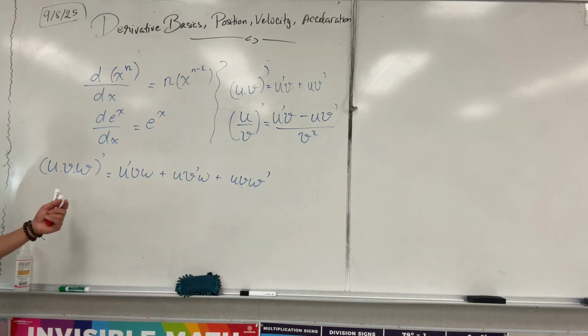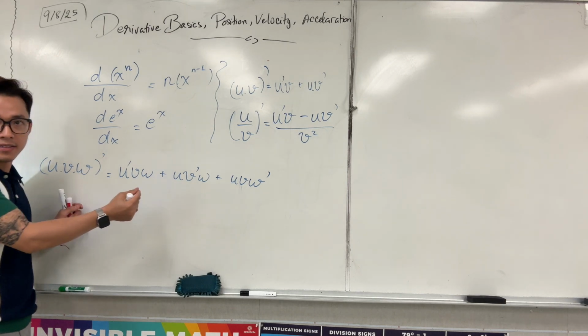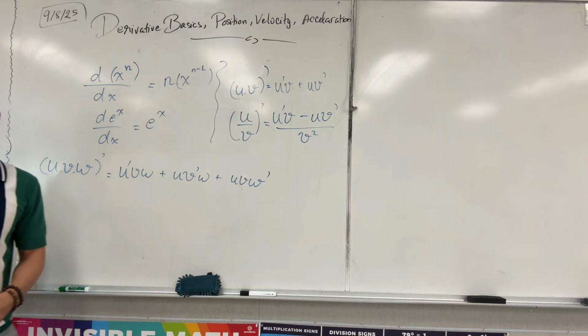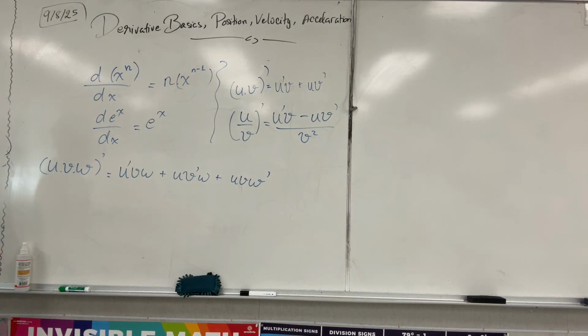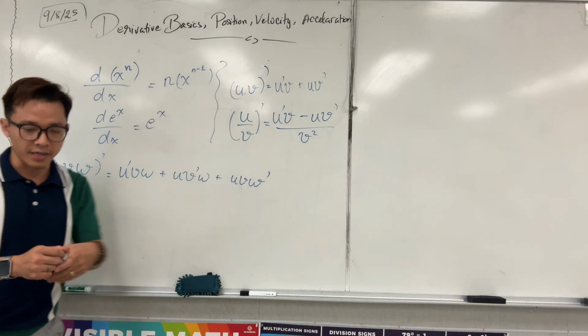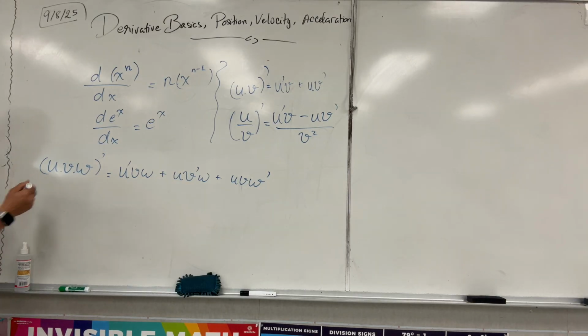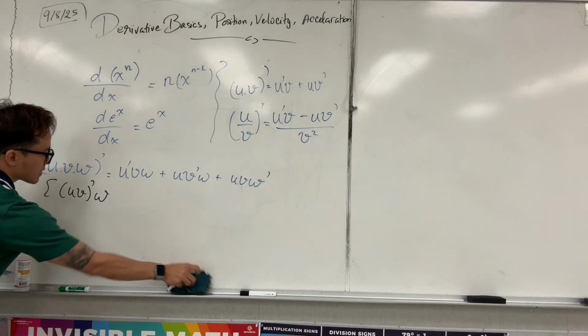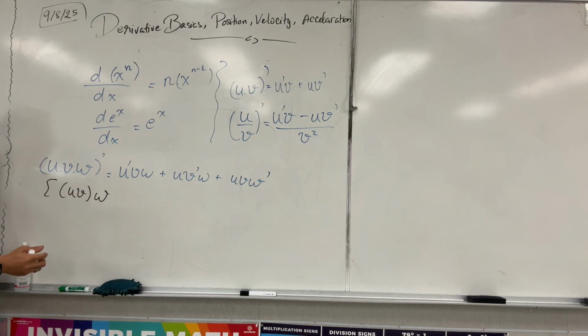I saw you move the prime to the front, but my way I just like to write the prime like this. It works, it's still the same thing. You can think like this: you take the derivative of these two things.